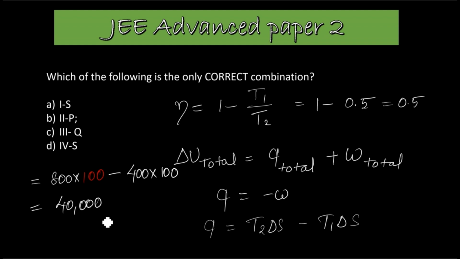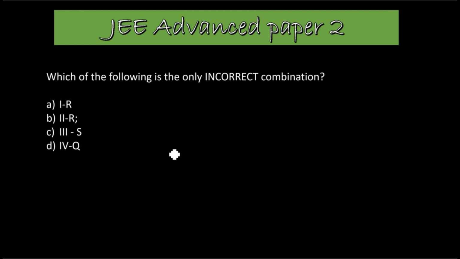So Q total, which is 40,000, is nothing but 40 kilojoule. Correct? So work done, which will become minus W, is equal to 40 kilojoule.